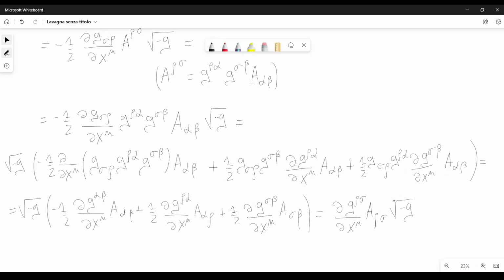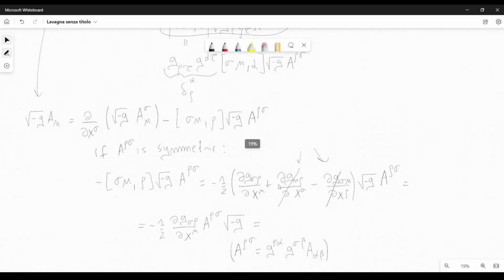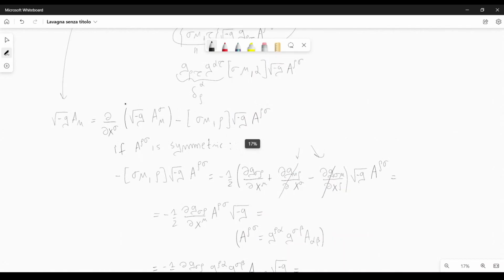Therefore, we can write the formula for this expression here. Remember where we started? We started from here, and we did some kind of manipulations.